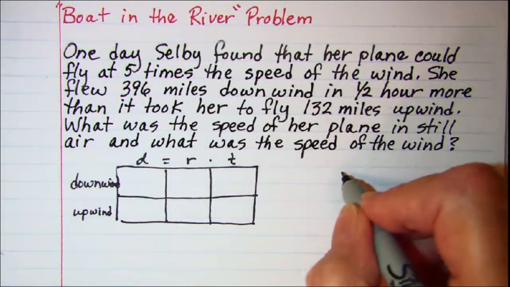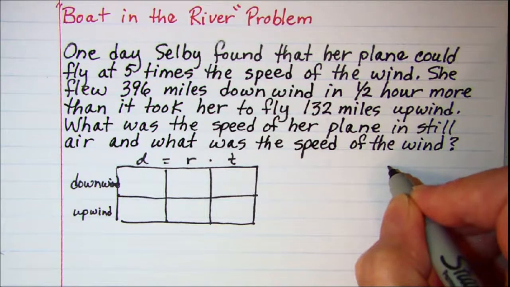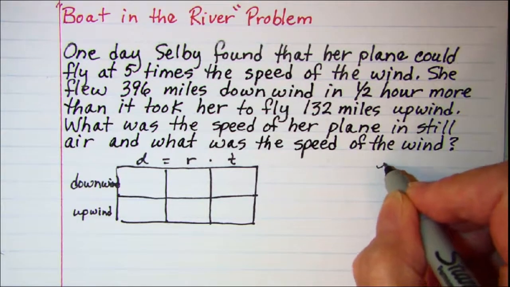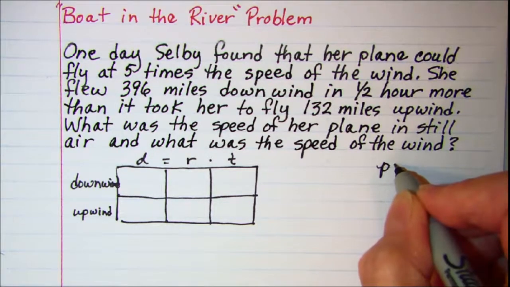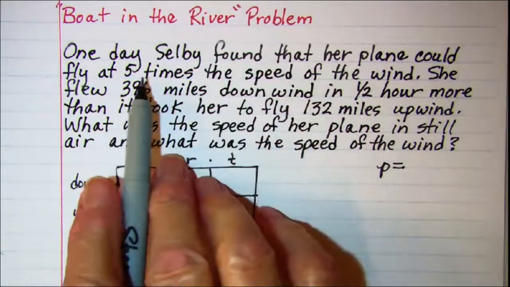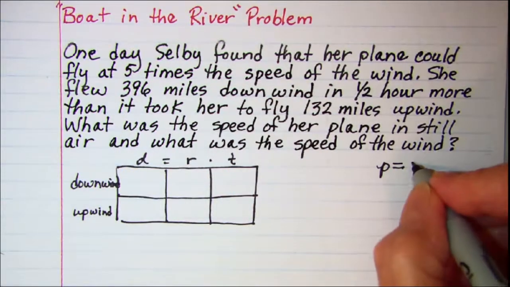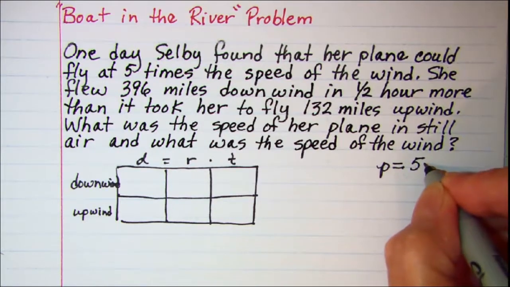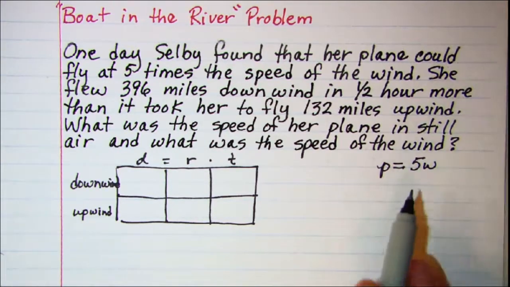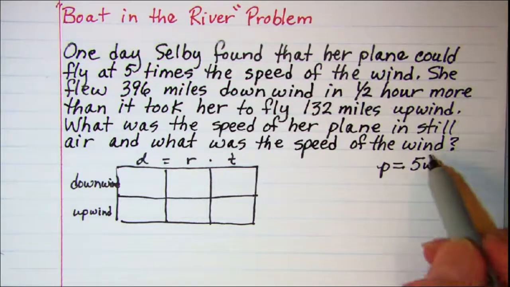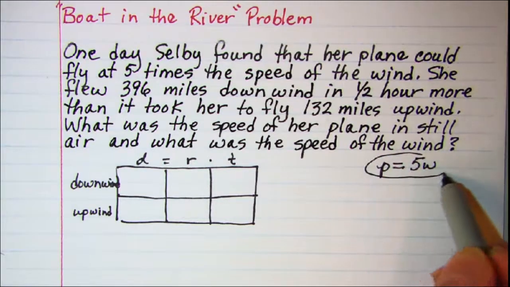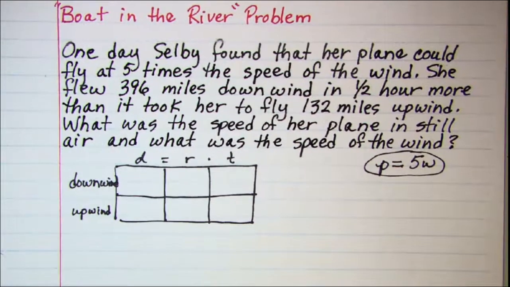I'll use P for the speed of the plane in still air. So plane could fly at 5 times the speed of the wind. So 5 times, and then I'll use W for the speed of the wind. So this is one of my equations that I'll be working with.